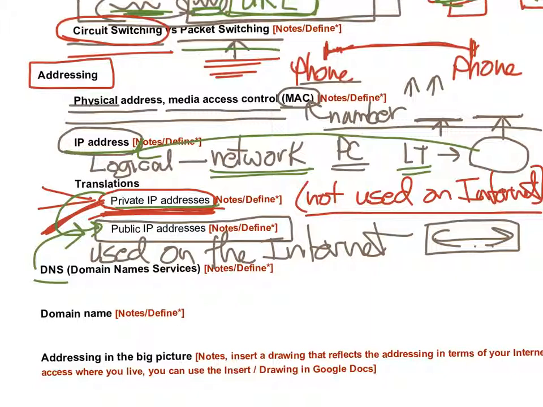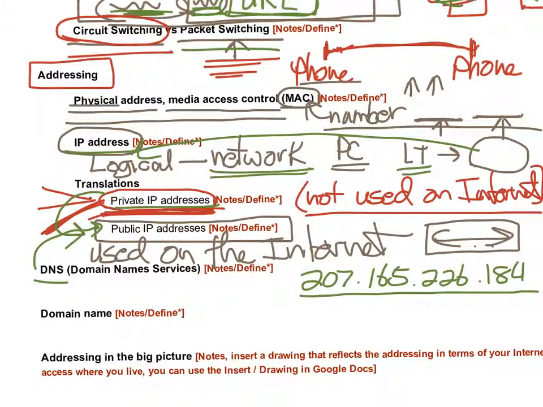Okay, so an IP address has digits, and we're going to look at an example of them a little bit later, but here would be an example: 207.165.226.184. That address I have assigned to a server on campus. Okay? That's assigned to a server on campus. It's in my office.